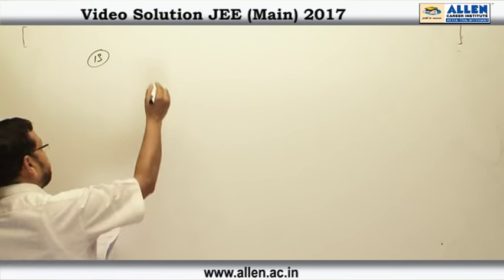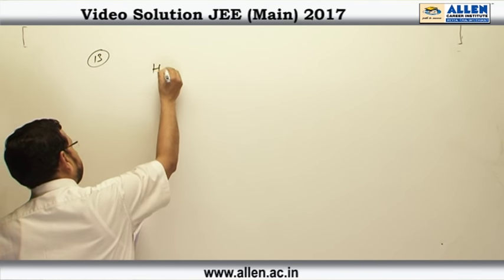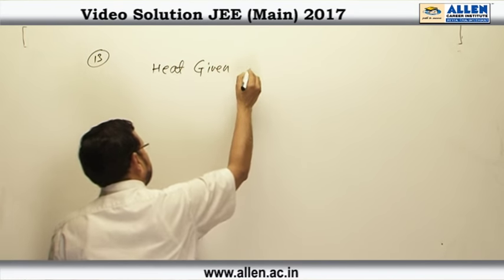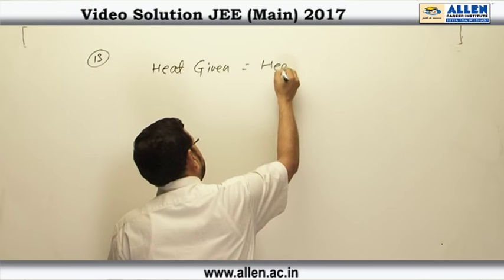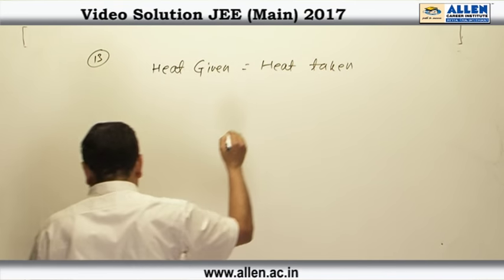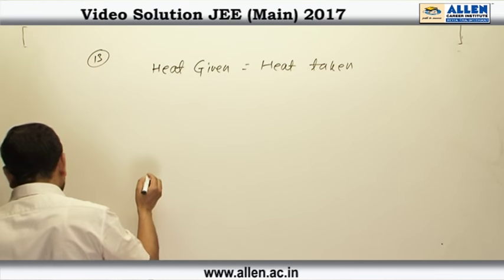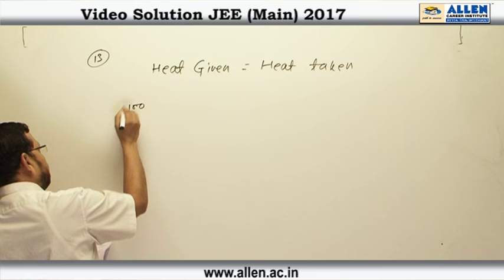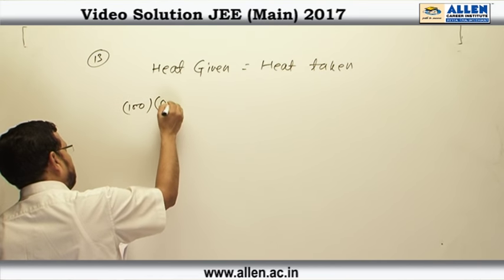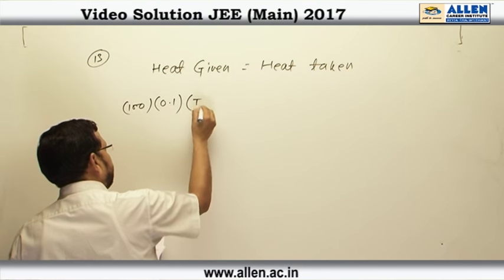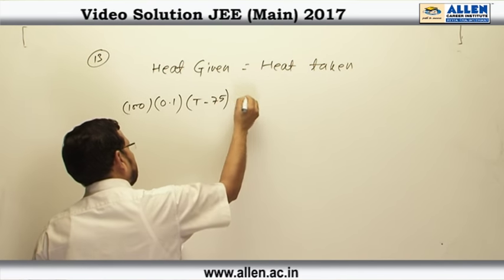So, we will use the principle of calorimetry, which says that heat given is equal to heat taken. Heat will be given by the copper sphere. It is going to be equal to 100 into 0.1 into T minus 75.